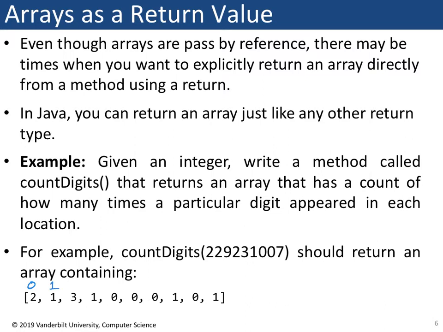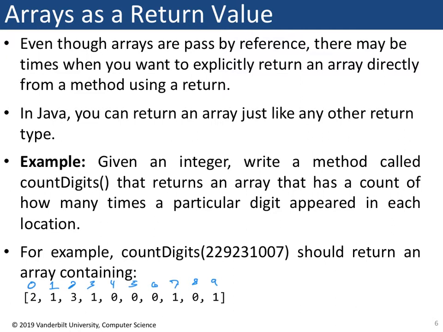There's 3 occurrences of the digit 2, right? 1, 2, 3. Then there's 1 occurrence of the digit 3, 0 occurrences of the digit 4, 0 occurrences of the digit 5, 0 occurrences of the digit 6, 1 occurrence of the digit 7, 0 occurrences of the digit 8, and 1 occurrence of the digit 9.